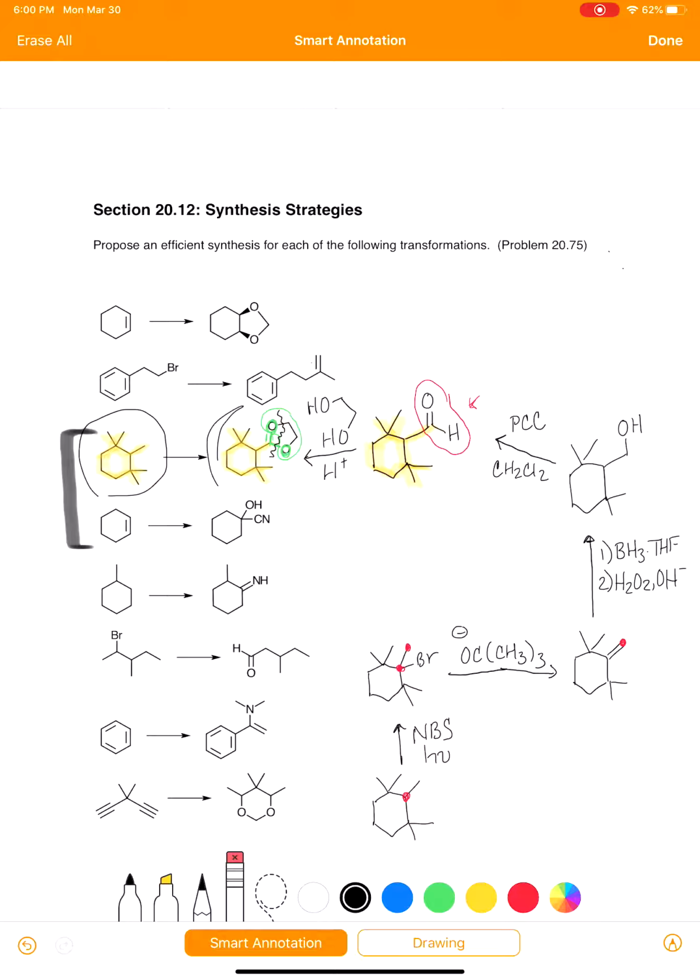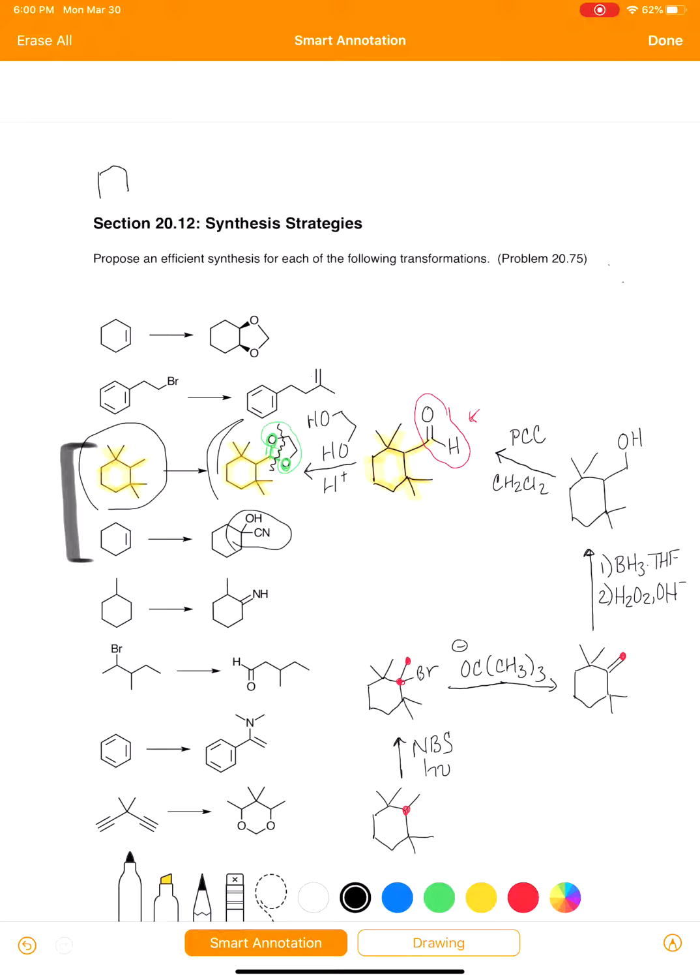So when we're looking at the second reaction, we can see that we are forming this cyanohydrin, and that comes from a ketone or an aldehyde reacting with HCN. So I'm going to start backwards with this. I'm going to put it way up here at the top of the page, our OH and CN.